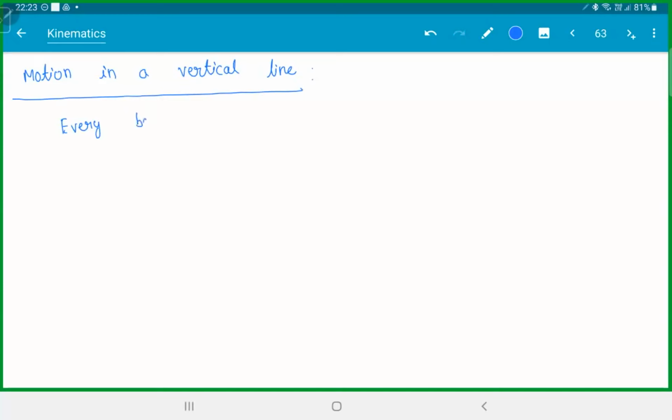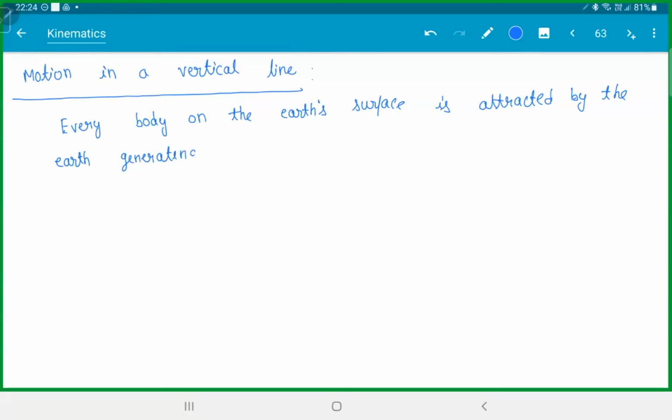Every body on the Earth's surface is attracted by the Earth, generating a constant acceleration.